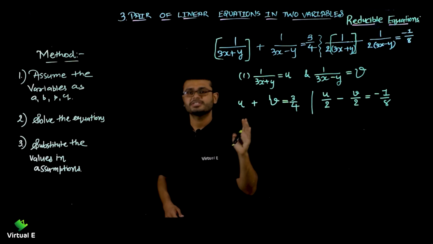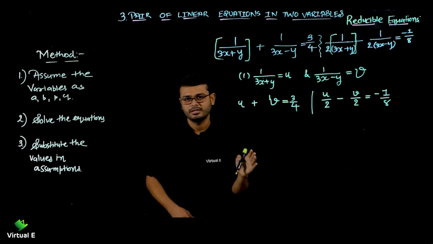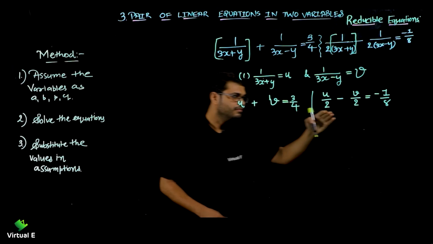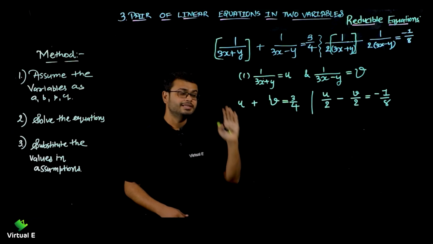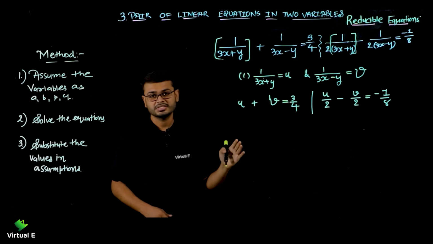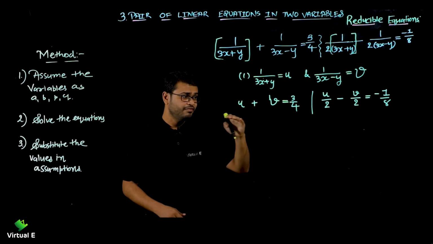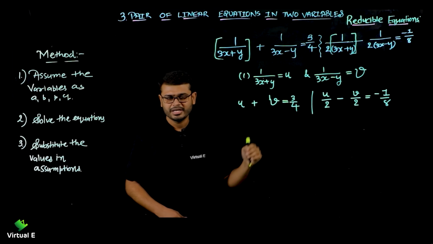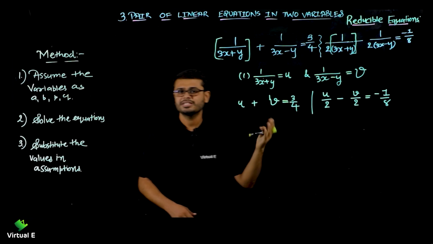Now we have fractions, so we are not going to solve this in a direct manner. We need to first resolve these fractions, get them in the form of whole numbers, and then only we can solve it. So how will you do that? I think we have discussed how to remove these fractions. So we'll take the LCM of the denominators. In this case it is only u, v and 3 upon 4. So very simple.